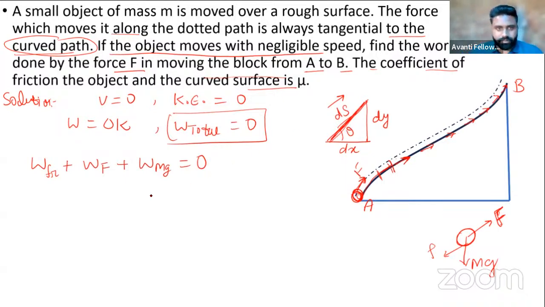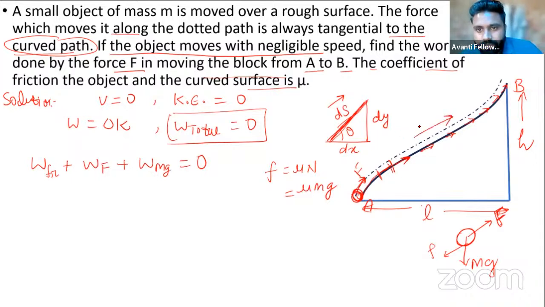Now let this height be h and this length be L. The frictional force is nothing but mu times n, which is mu mg. And if the block is moving upward, the friction will act downward, which means for every displacement, the friction will act opposite to the displacement.